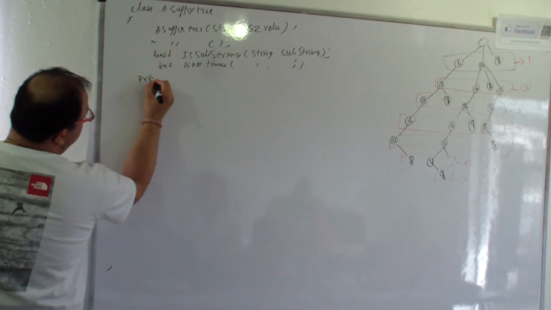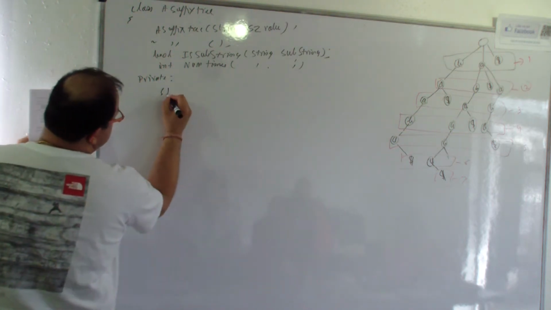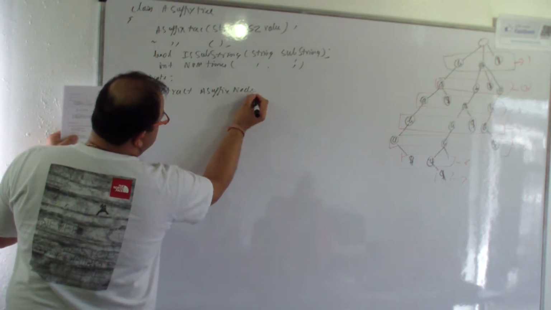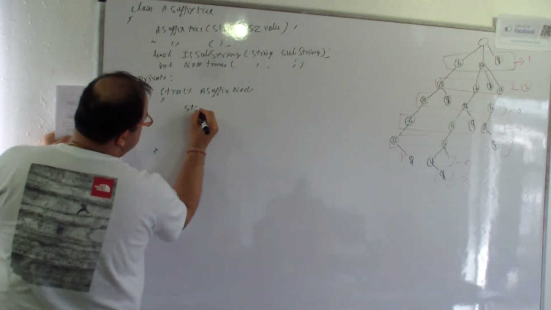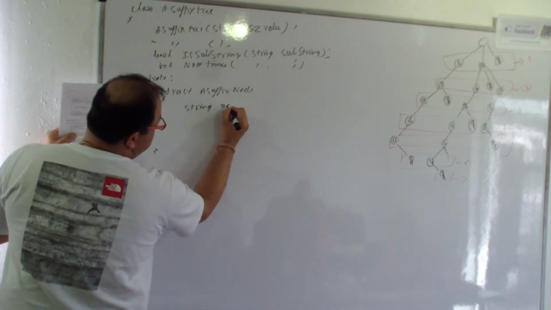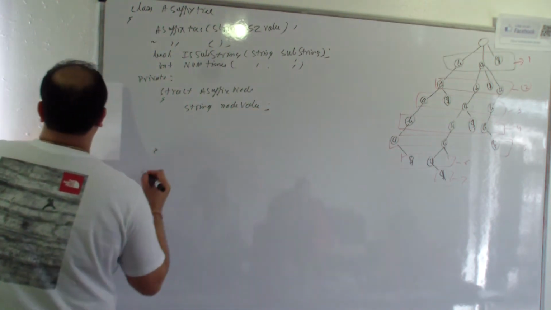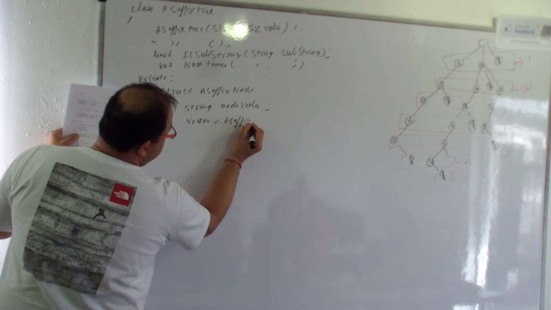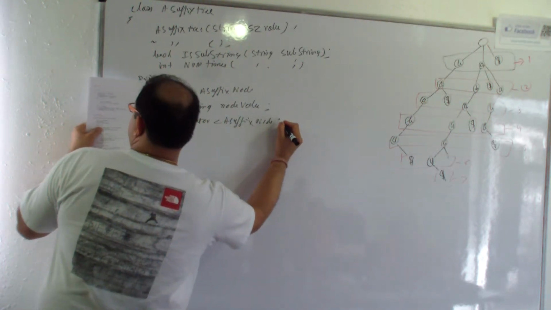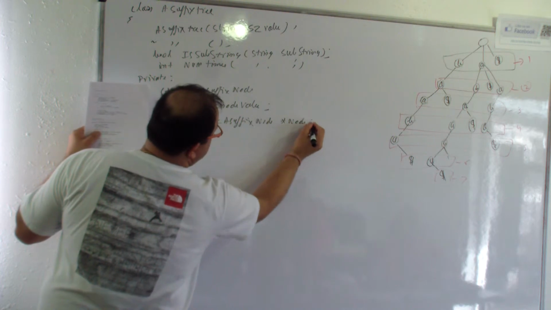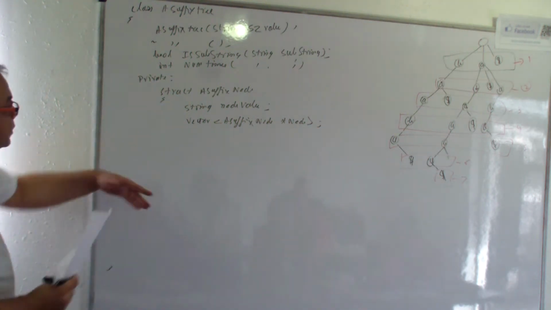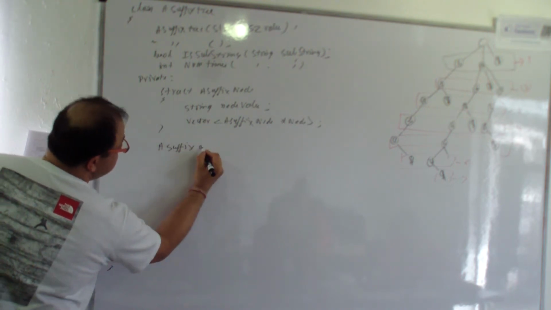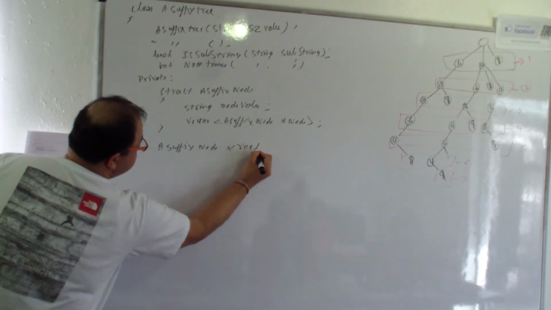So private: structure a suffix node, with a string node value, and a vector of suffix node star. This will be the structure, and we will have a root, a suffix node star root.